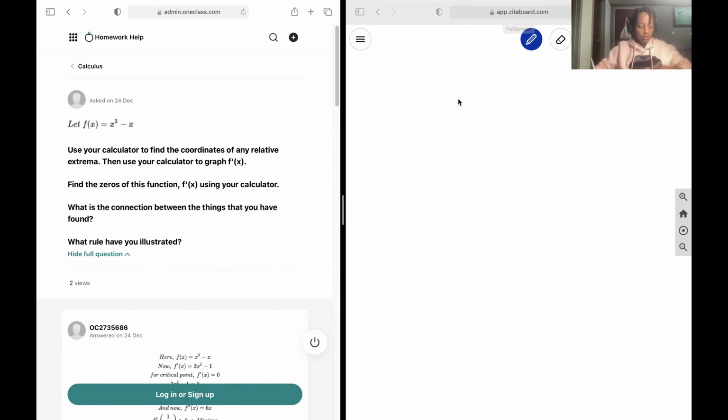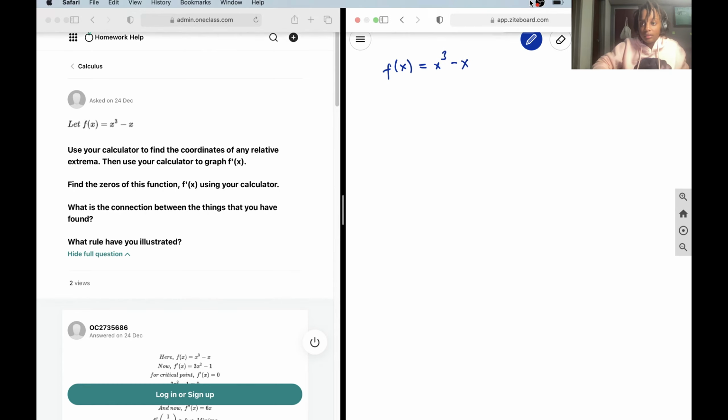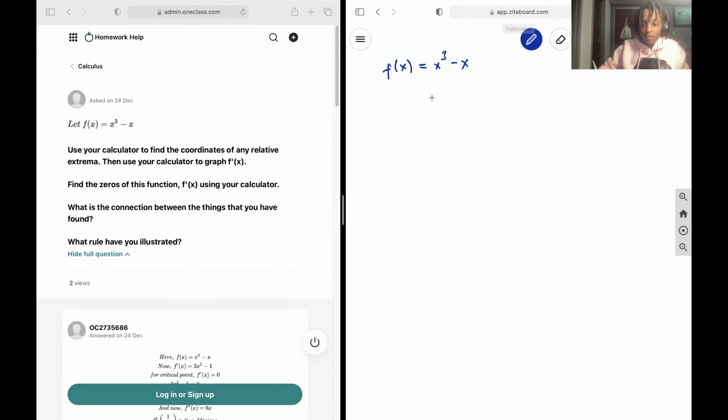So let's first find the extrema of f of x. So if f of x is equal to x cubed minus x, we find the extrema by taking the derivative first and setting it equal to 0. So this becomes 3x squared minus 1.